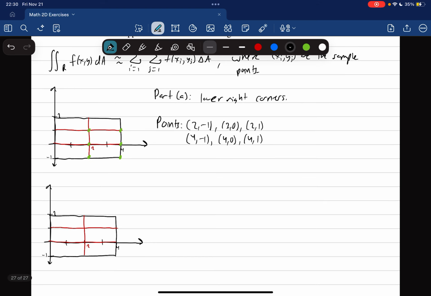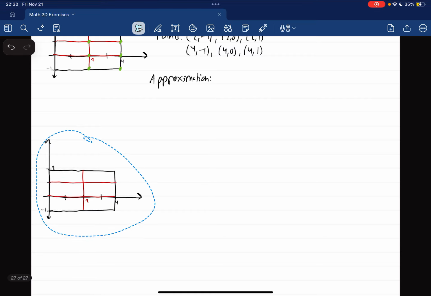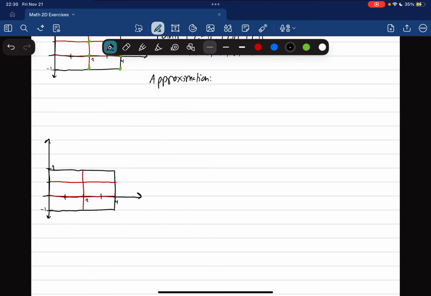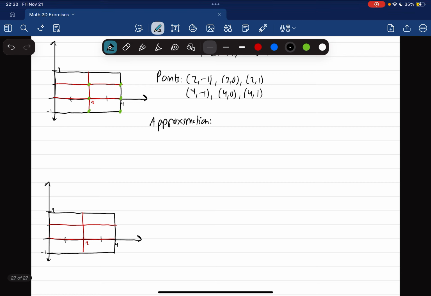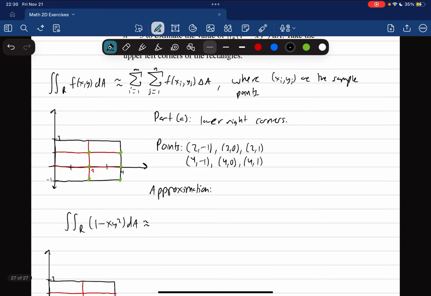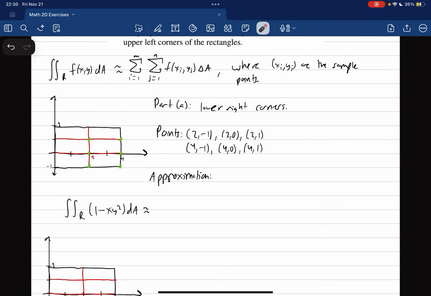And so the approximation for this case, let me move down this diagram right here. We're going to have the double integral of 1 minus xy squared dA approximately equal to a sum over all of our points.